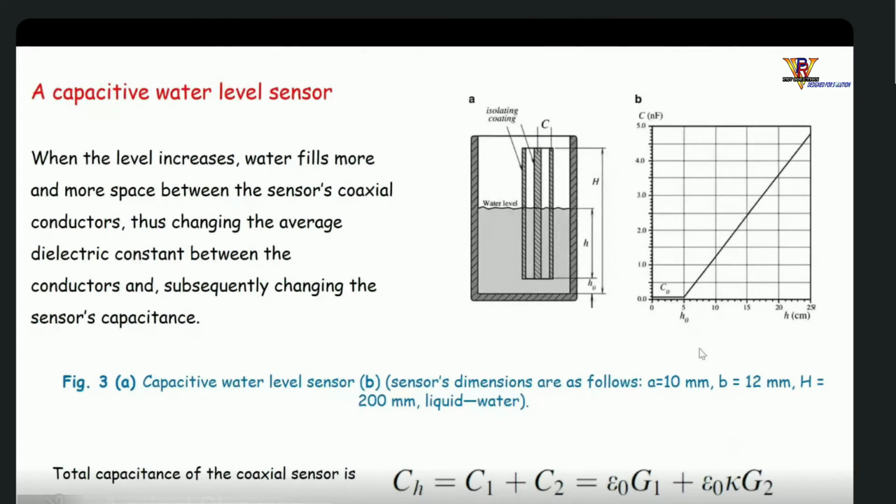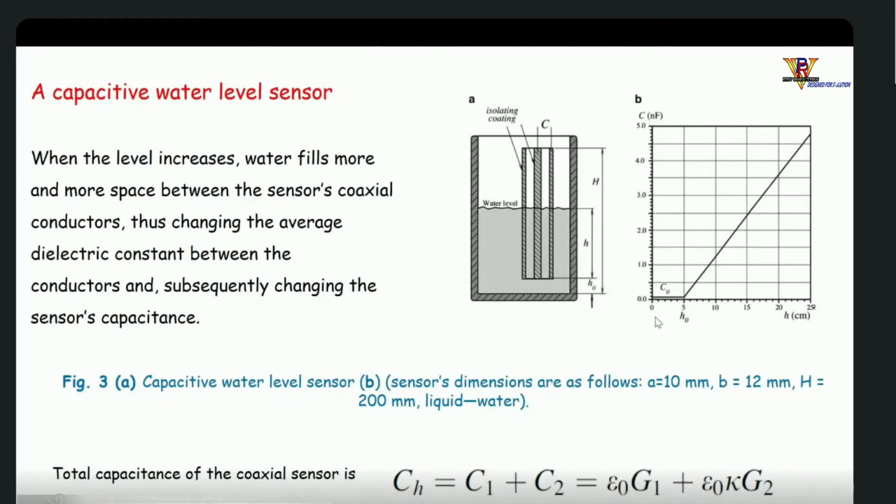After H naught to capital H, a cylindrical type of capacitor is present. So when the level increases, water fills more and more space between the sensor's coaxial conductors. Cylindrical capacitor means there are coaxial conductors, one is the inner conductor and one is the outer conductor.